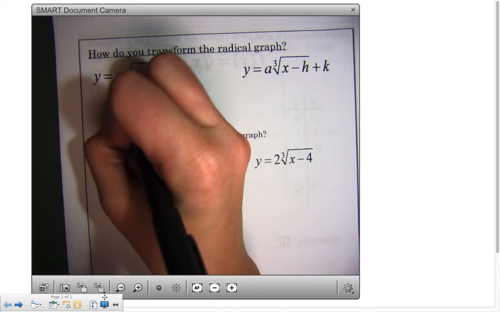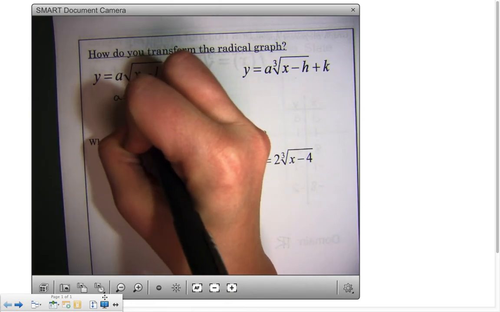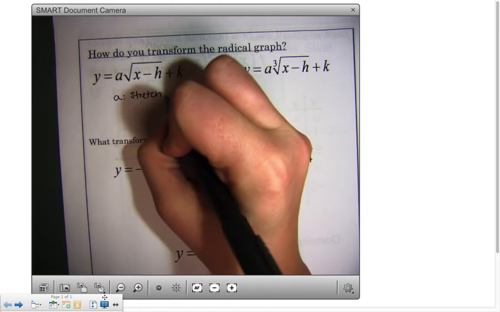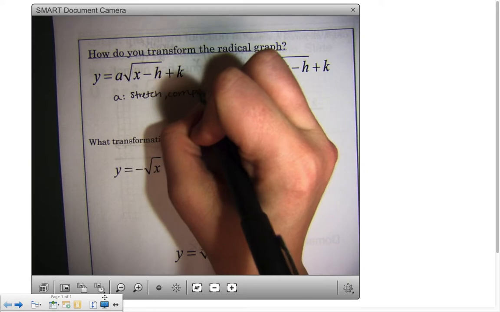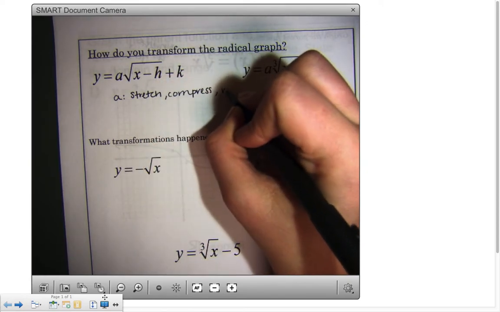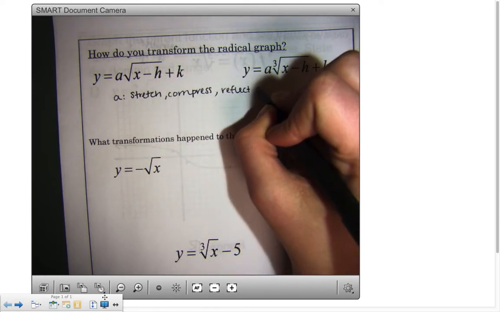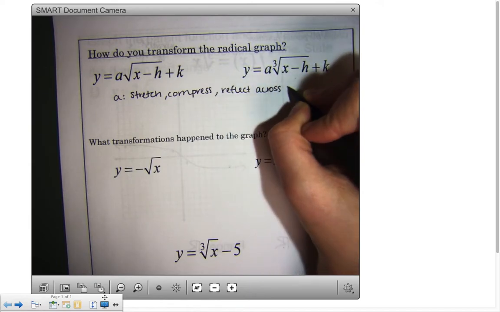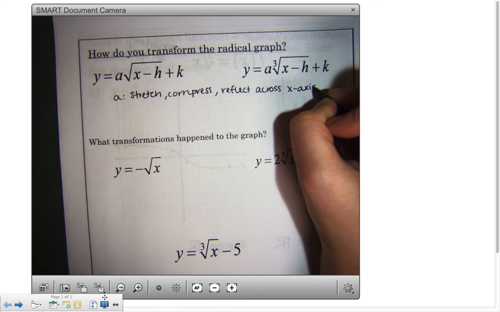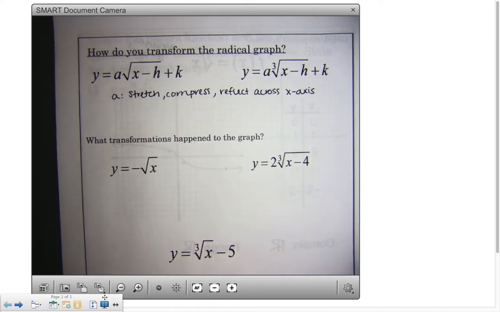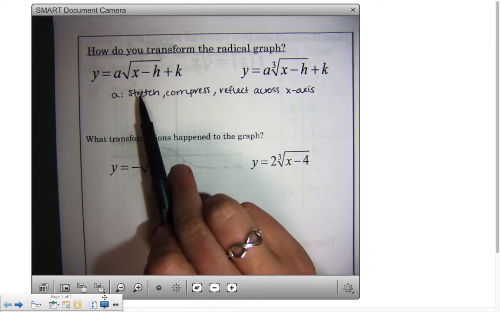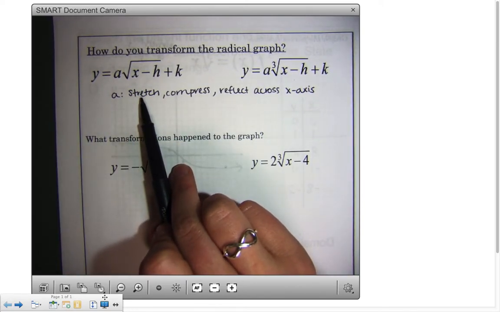a tells you whether your graph is going to stretch, compress, or reflect across the x-axis. Remember, if a is a whole number greater than 1, it's going to stretch.